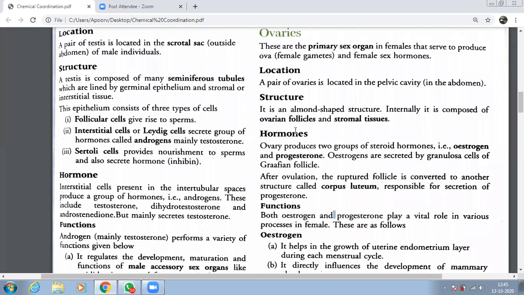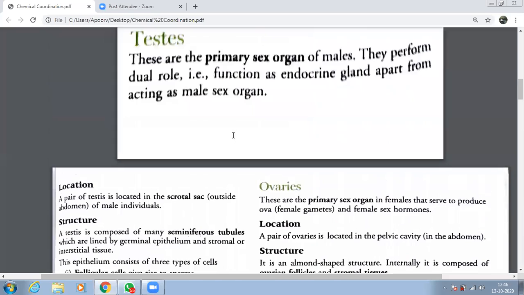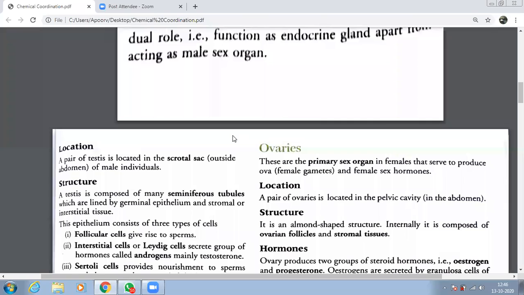Name 2 main androgens. Testosterone and androsterone. I am hiding the function now. There were 5 points. One by one, start telling. First is development and maturation of male accessory sex organs.